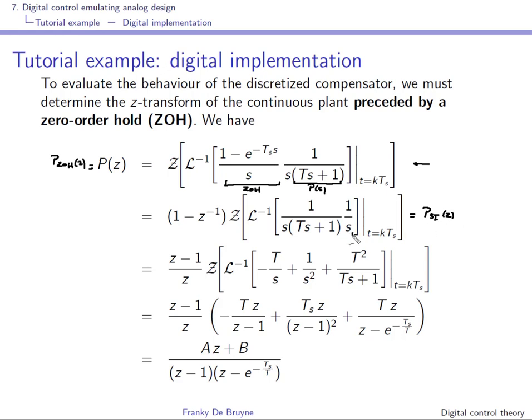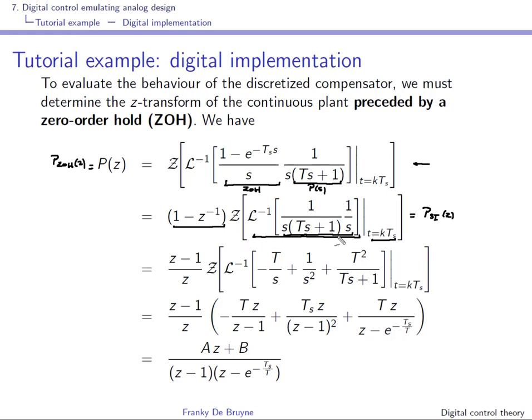So here you have the step response in the Laplace domain. The inverse Laplace transform is taken, so this one over here is the step response. We sample this step response, we take its z transform and then multiply by 1 minus z to the minus 1.